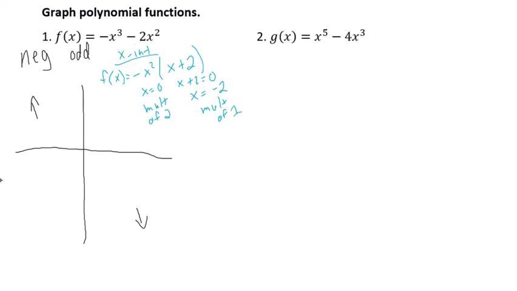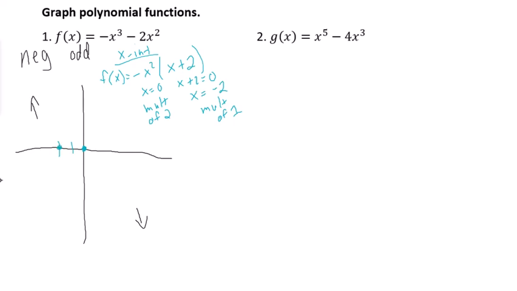So I'm going to go ahead and put 0 as an x-intercept right there, and then I'm going to put negative 2 as an x-intercept as well.